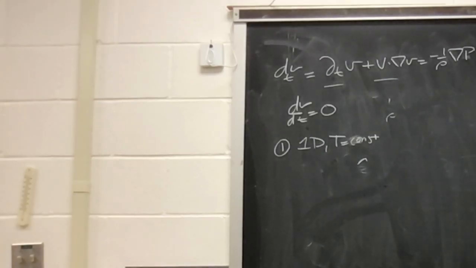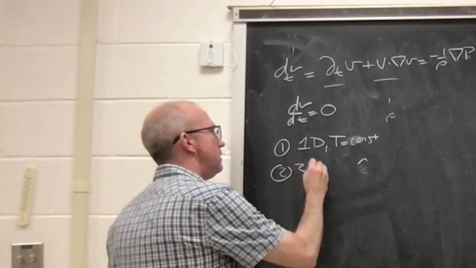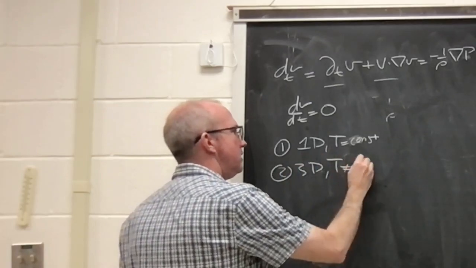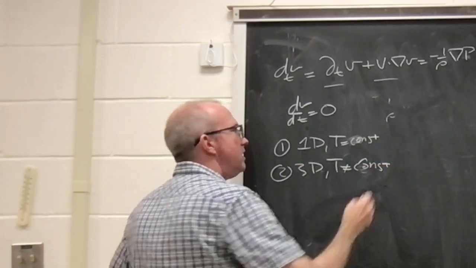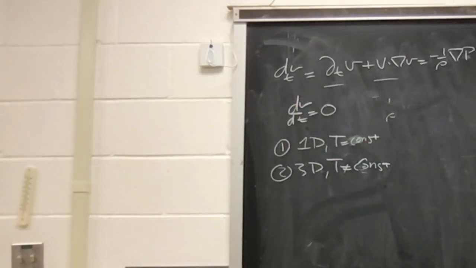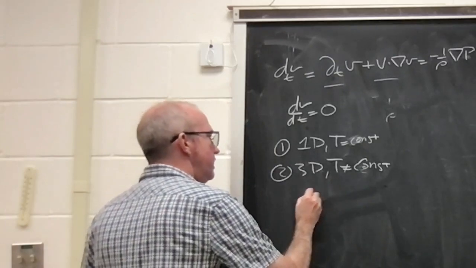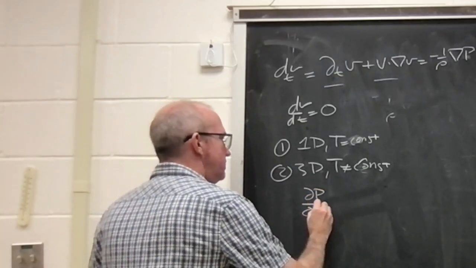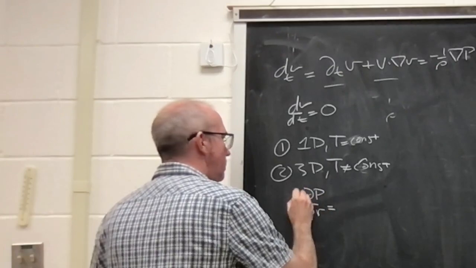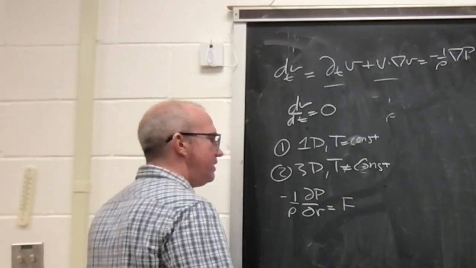So let's assume that... oh, now here's where my memory runs out, and I've got to look at my notes because otherwise I'm going to screw something up. If we get the same starting equation, we get 1 over rho dp dr equals f.